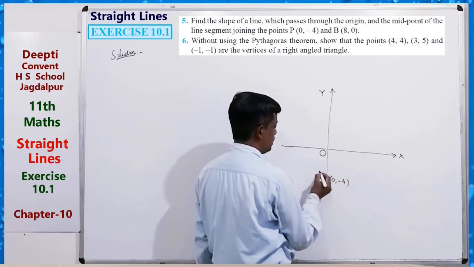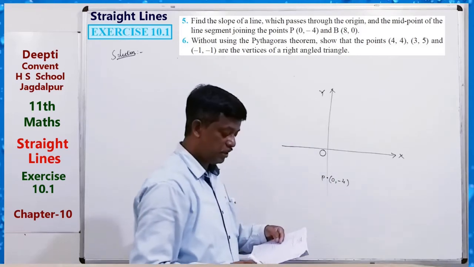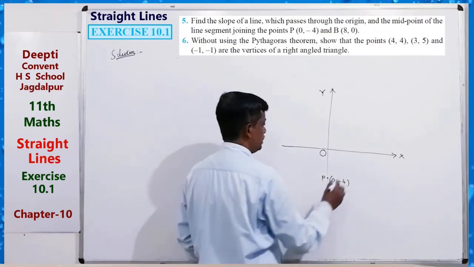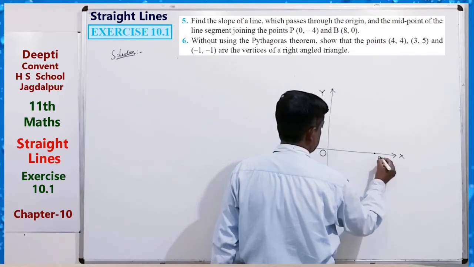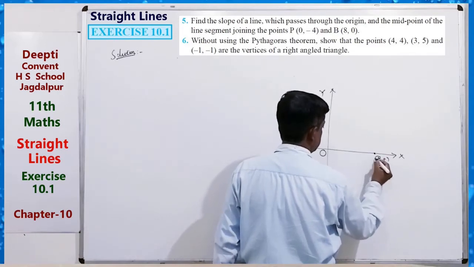This is point P. Another point is (8, 0), this is point B.